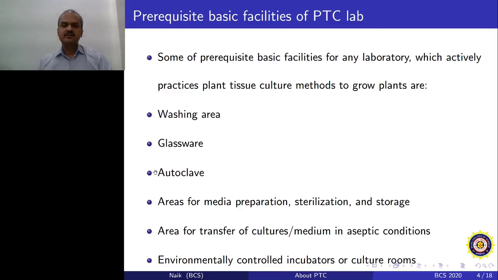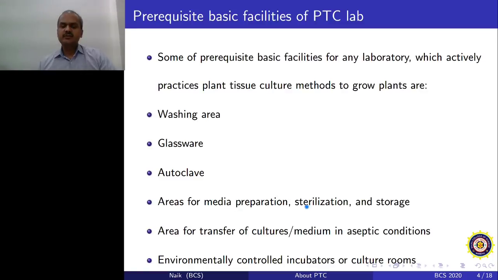The next is the autoclave. Even if you have a small 10-liter autoclave, which is of very small size, that autoclave will be enough for any beginner plant tissue culture lab.